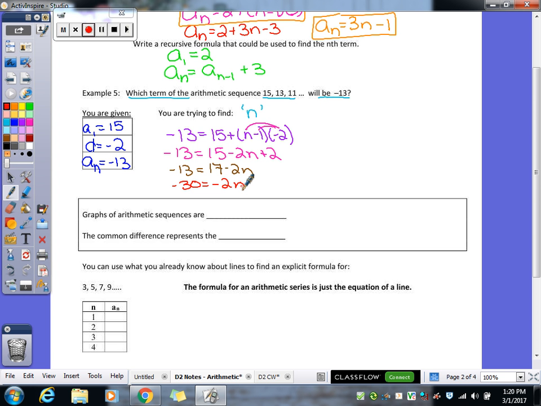Divide by negative 2. That equals 15. So negative 13 is the 15th term. So again, lots of different ways we can use that formula there.